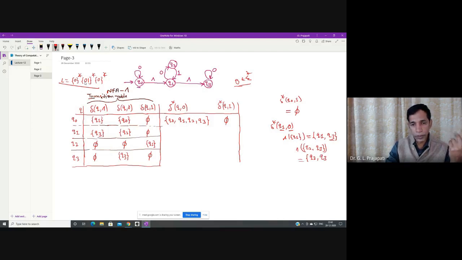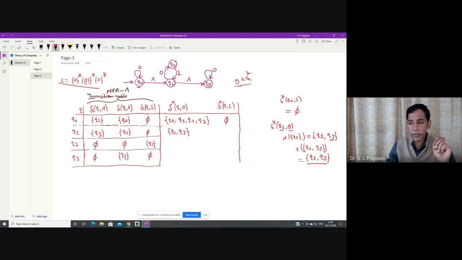From Q2, you don't have the transition for the null, so empty. From Q3 also, you don't have the transition for the null string, so you have Q2 and Q3. Q2 and Q3. Okay.